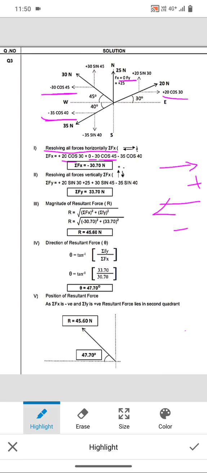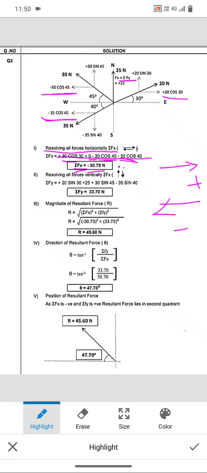The addition of these forces is minus 30.70 Newton. The summation Fx equals minus 30.70 Newton. Summation Fx means all forces horizontally.